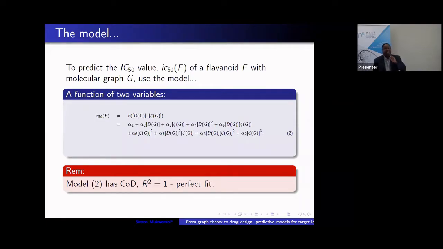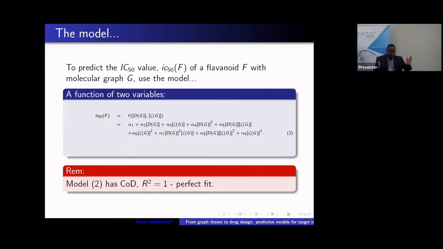What it means is that whenever you are given a chemical compound that is a flavonoid, represent it by way of a graph, calculate its internal activity, calculate its external activity, and substitute them in formula number 2, which is our model. And what you get is actually the effectiveness of that compound in treating melanoma skin cancer.